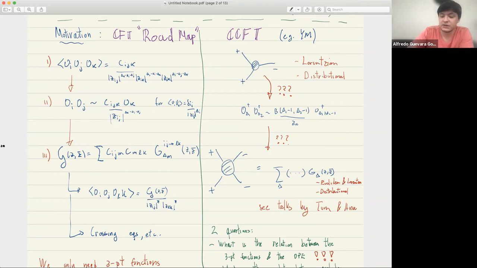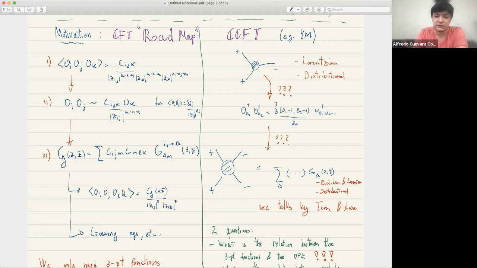The second thing we notice, which has been greatly emphasized in this conference, is that there's a distributional result. So there's some delta function. So already the conformal structure is kind of spoiled. And then there is some OPE, but it so happens that this OPE, which is very nice, and has been constrained by different symmetries, is not actually derived from this 3-point function, but rather is derived from higher point amplitudes.